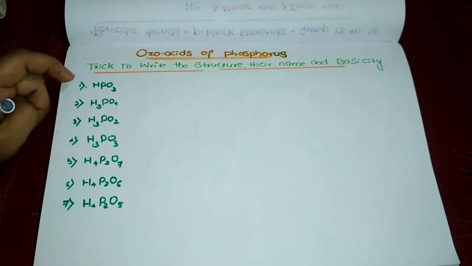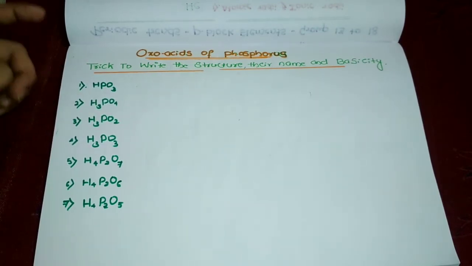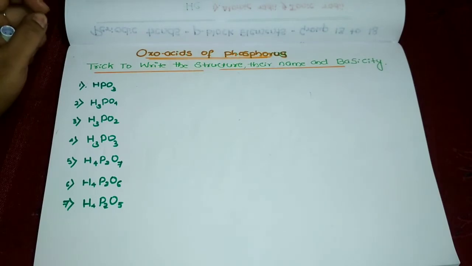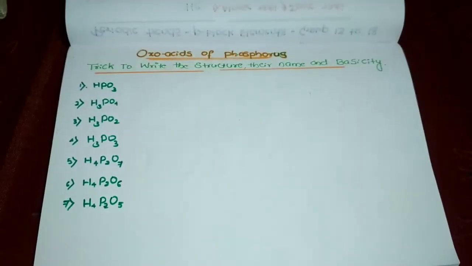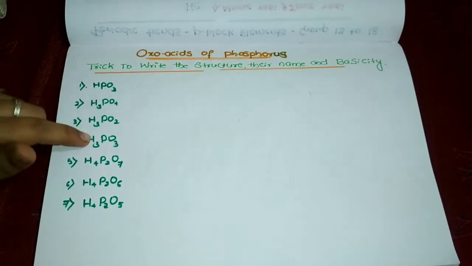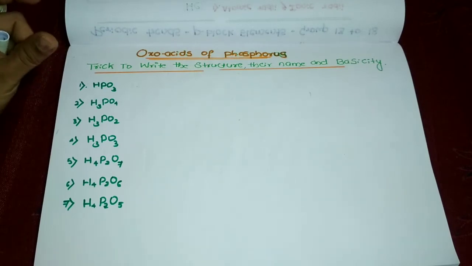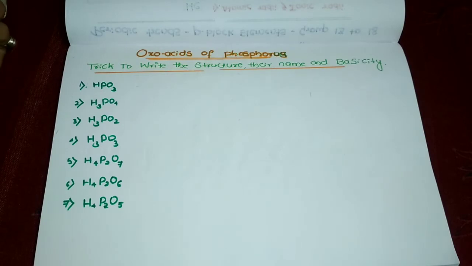They are formed either by the loss or gain of a water molecule, or by the loss or gain of an oxygen atom. This point is very important, dear students: the oxo acids of any element are formed from one another, either by the loss or gain of a water molecule, or by the loss or gain of an oxygen atom. If you understand this point, then you can practice the names very easily.